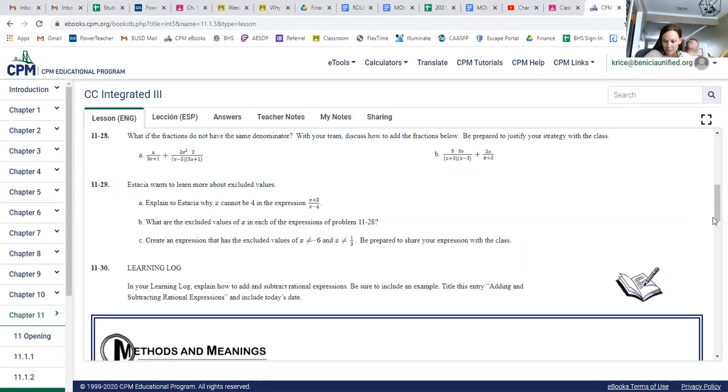So we have x plus 2 divided by x minus 4.